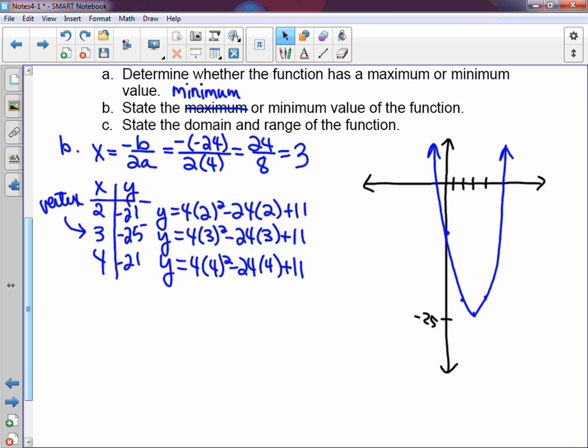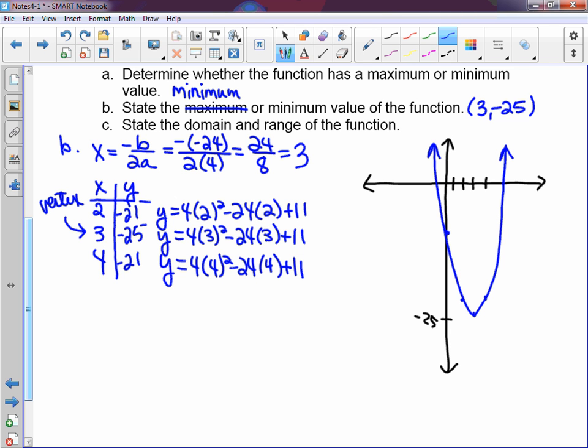Okay, so when you've got big numbers like that, don't worry about it, or sometimes you can do increments of 2 or 5 instead of increments of 1. But I didn't do that because my x's were increments of 1, so I thought, well, I'll just mark it on it. So the vertex is 3, negative 25? Yes, thank you. So that would answer this right here.